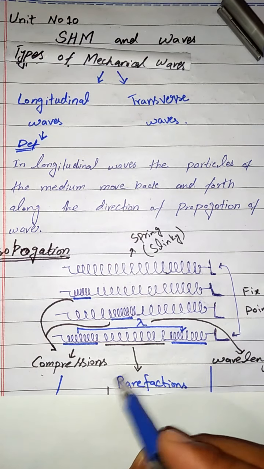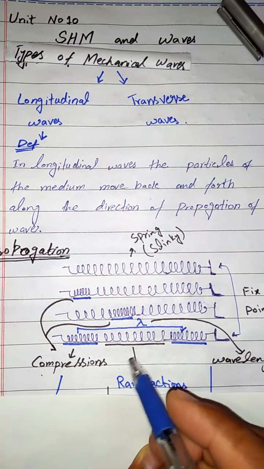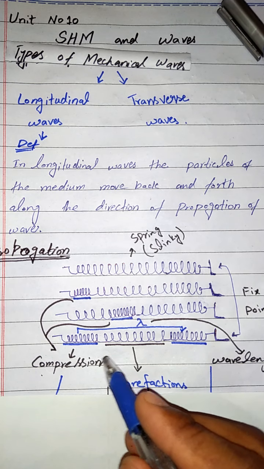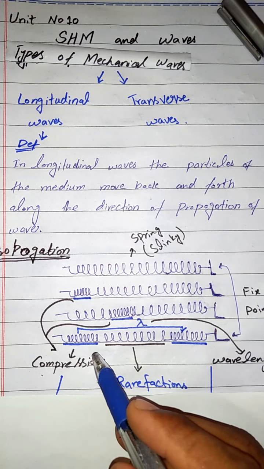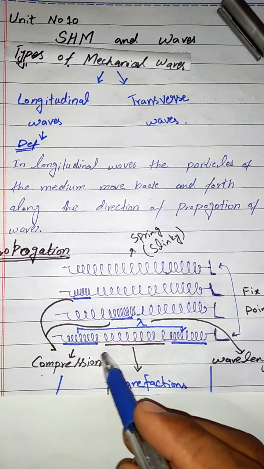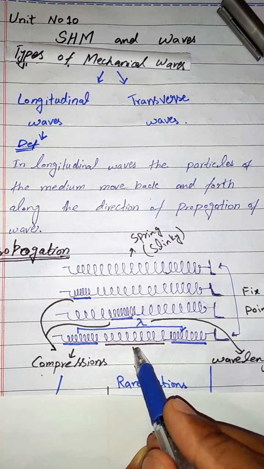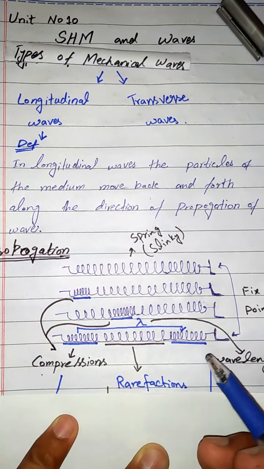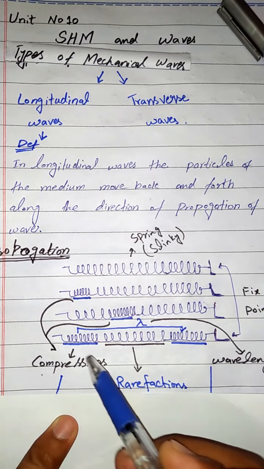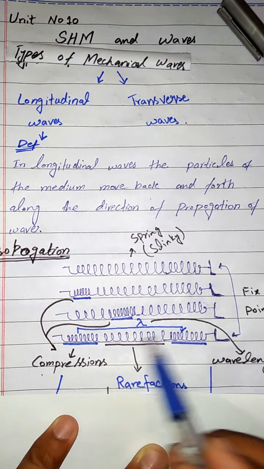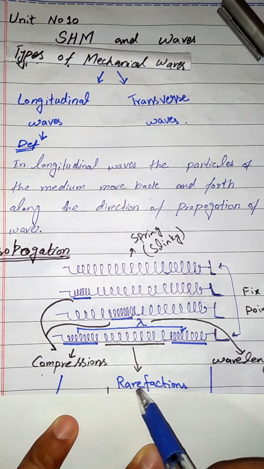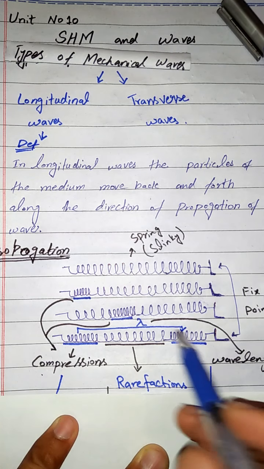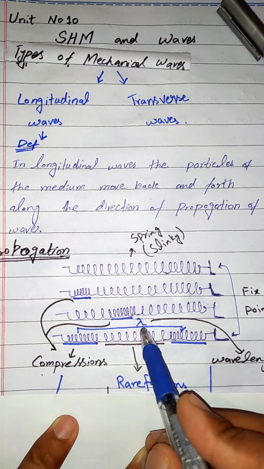In the regions of compression, particles of the medium are closer together, while in the regions of rarefaction, particles of the medium are spread apart. So we can say that the distance between two consecutive compressions, or rarefactions, is known as the wavelength, and wavelength is denoted by the symbol lambda.